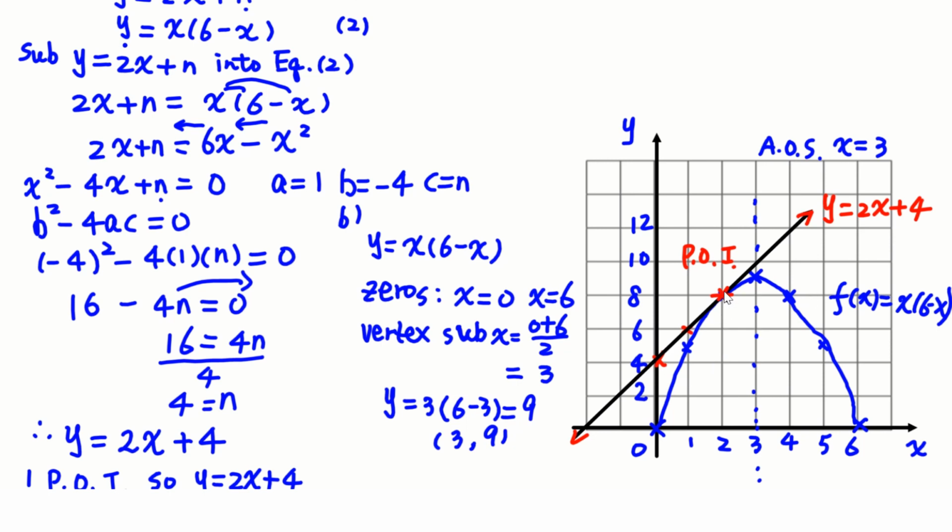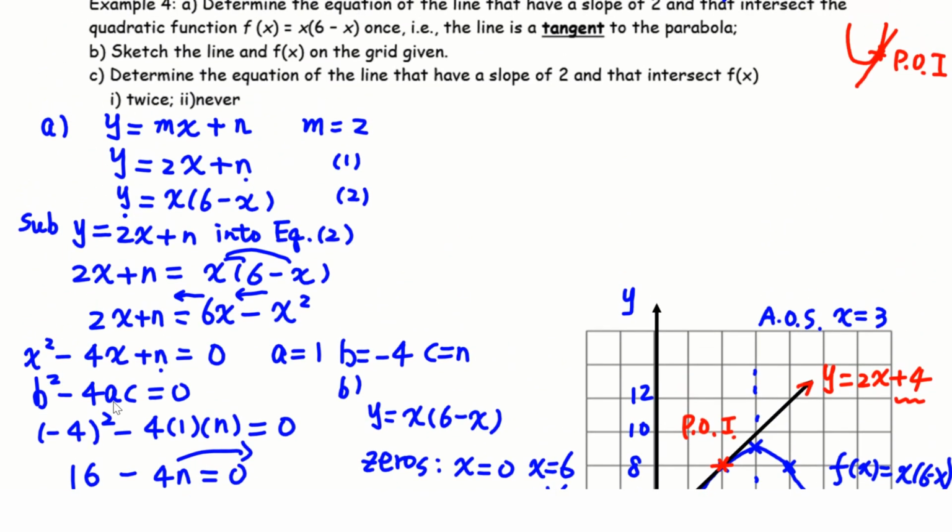If you move this line up, then there are no points of intersection. Move this down means the y-intercept is less than 4. So this is from the graph we are able to tell. Twice means the n value needs to be less than 4. So move the whole line down.